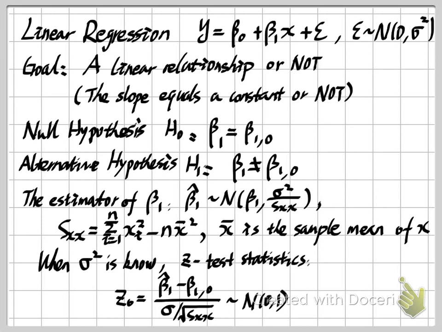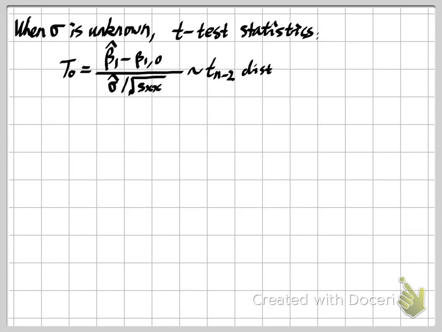We should use the estimator of sigma to replace the term in our test. But in this situation, we can no longer say this is a normal distribution. So when we don't know the true value of sigma, we should use the t-test instead of a standard normal distribution. We construct our t-test statistic.